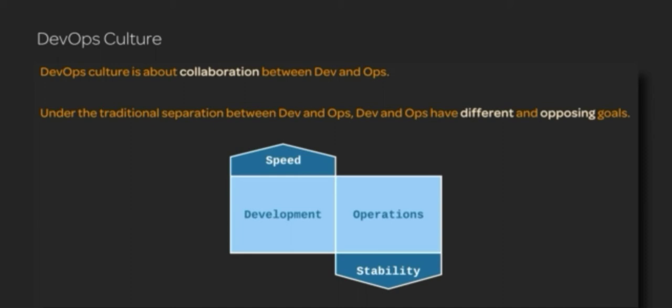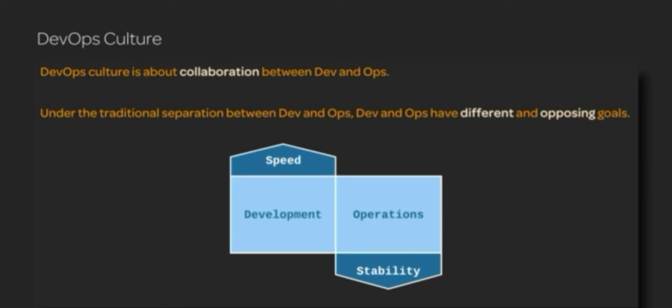And even if these two teams want to collaborate, many times they wind up being in opposition because of these different and opposite goals. In fact, development teams are often measured according to their speed of delivery, while operations teams are measured according to minimizing downtime. So they have a great incentive to fight against each other. Now, both speed and stability are very important goals.